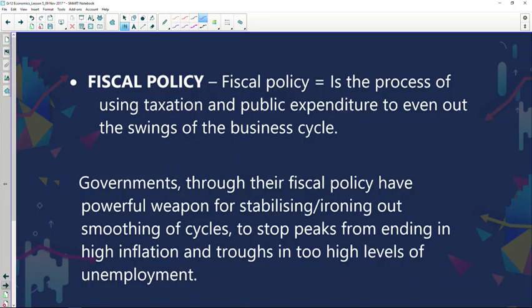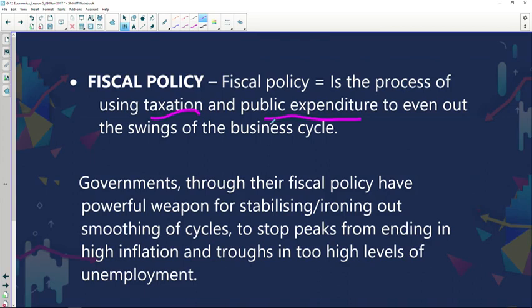All right, so now let's have a look at the fiscal policy. Fiscal policy is the process of using taxation and public expenditure to even out the swings of the business cycle. We know we've got the upward swings and then the downward swings.